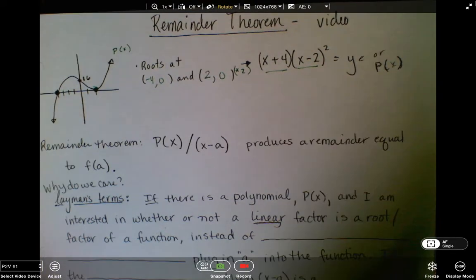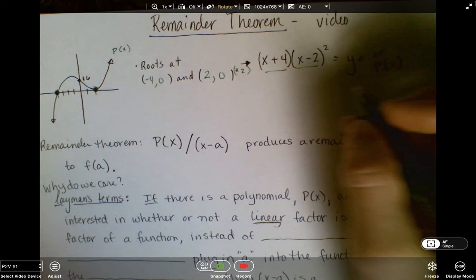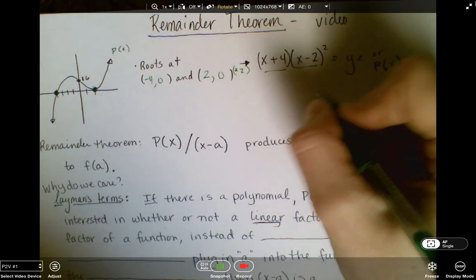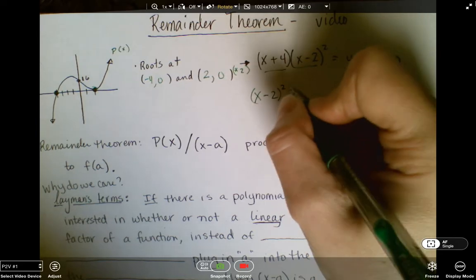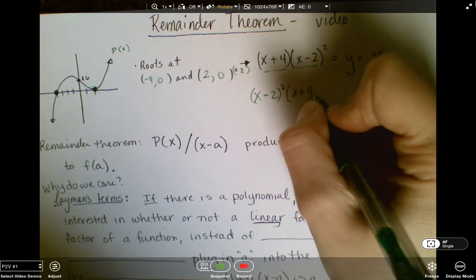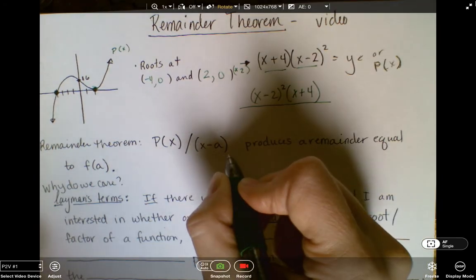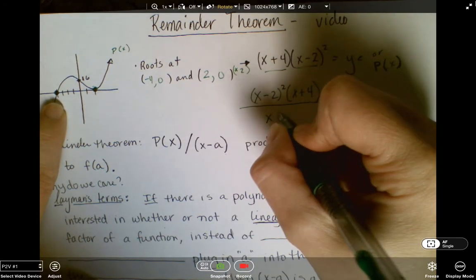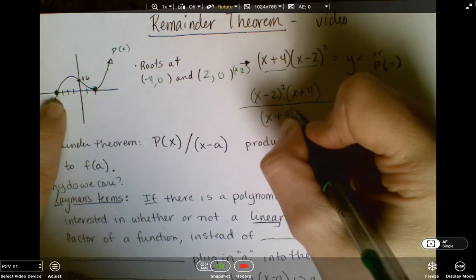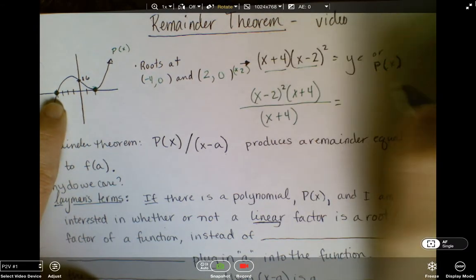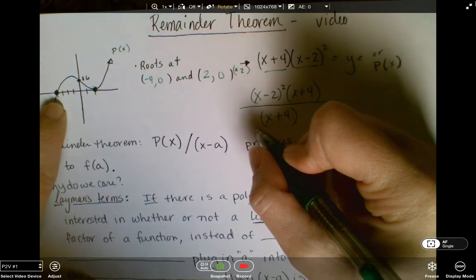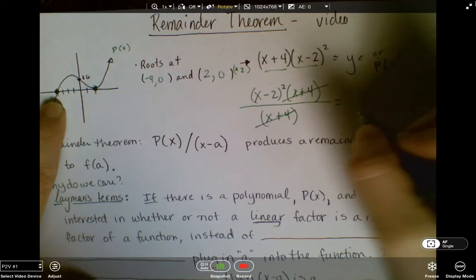So here's our function. If I took x minus 2 squared over x plus 4, and I divided it by one of our factors, like x plus 4, I could do that longhand, or I could just use fractions to see that it cleanly divides out, no remainder.